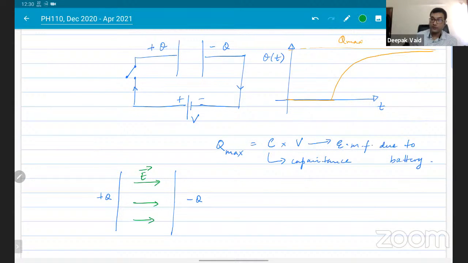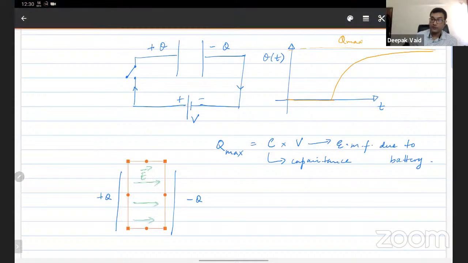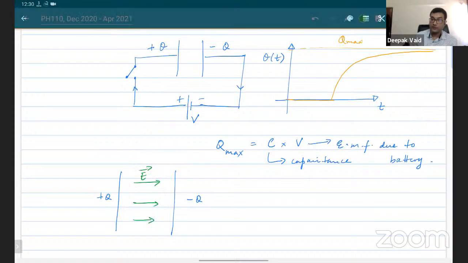Now I can ask, how does this electric field change with time?